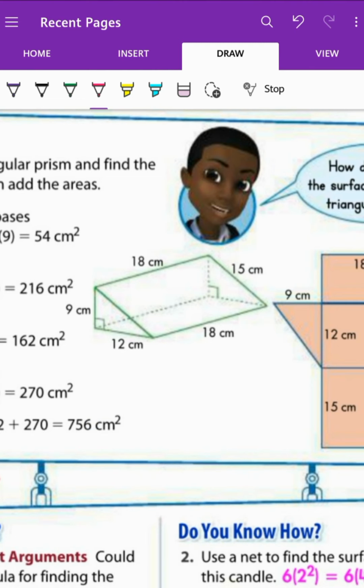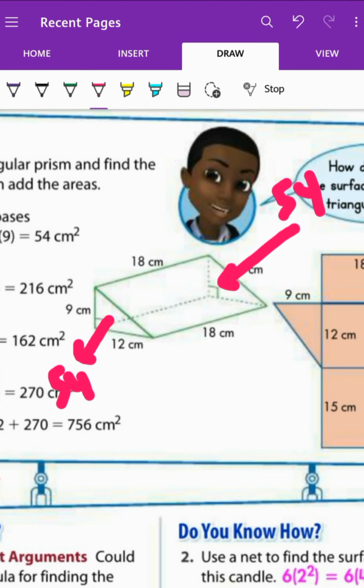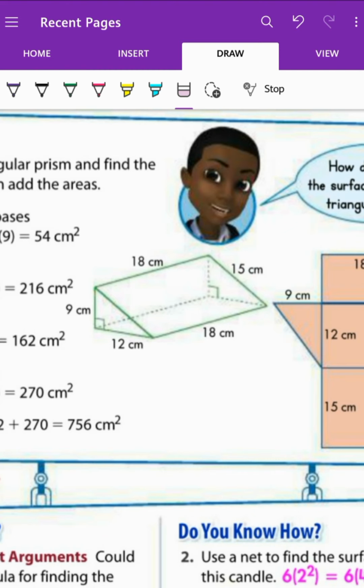Okay, so by doing some calculations, it is 54. That means this triangle is also 54. Okay, my dear students, so the first step: find the triangle's area.